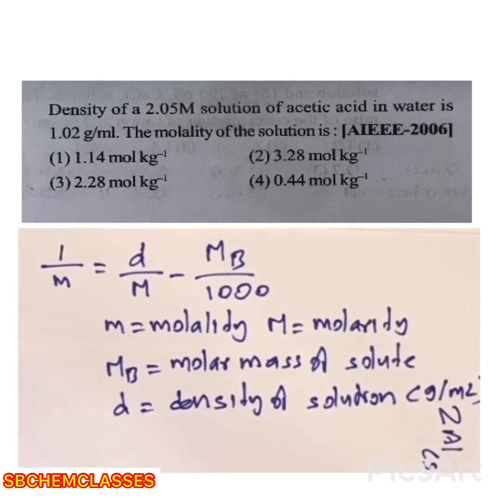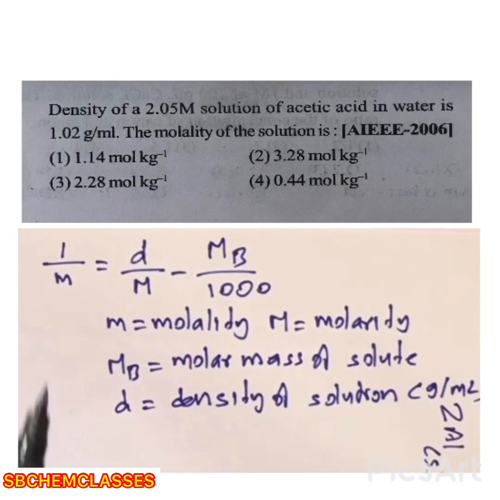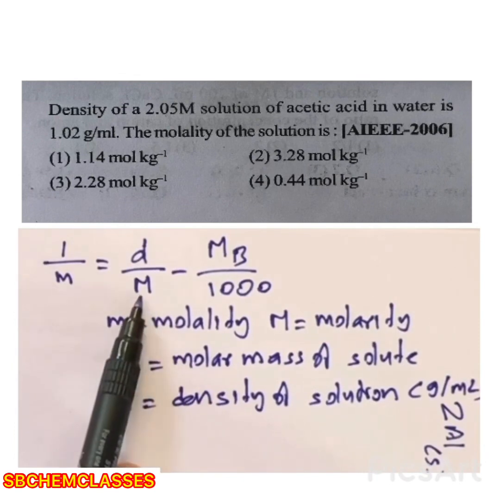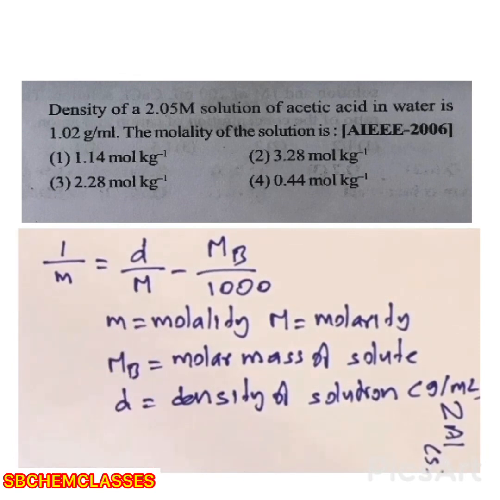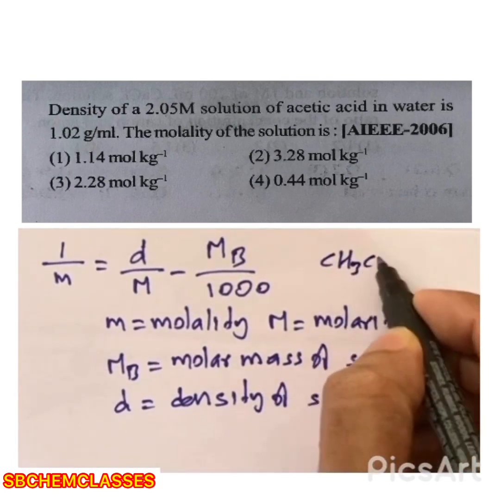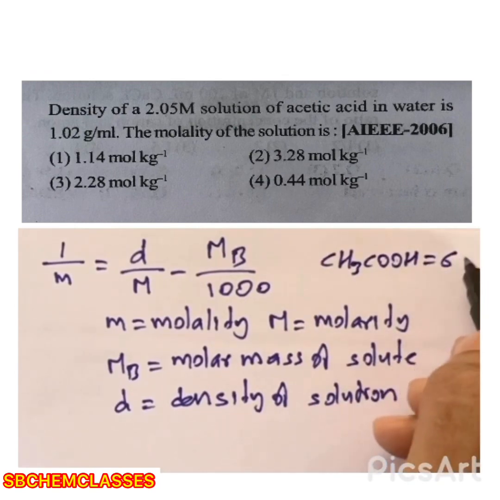We have to apply this data. We want to calculate molality. Molarity is given, density is given. Acetic acid in water. Acetic acid is CH3COOH. Its mass is 60.